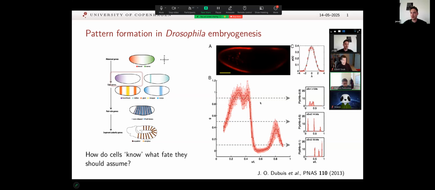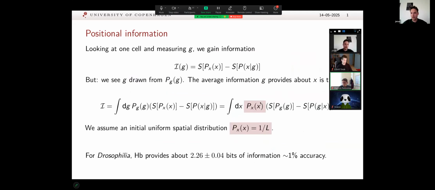We have thermal fluctuations such that particle concentrations are not identical in every embryo. So noise can actually destroy the ability of these cells to perceive basically the local concentration and react to it accordingly. So how would we measure this kind of information that is now contained within a concentration gradient and which cells can read out?